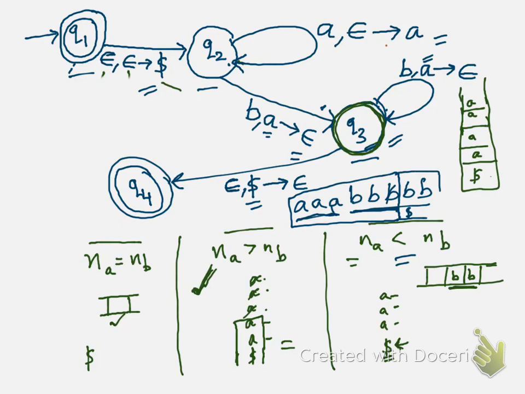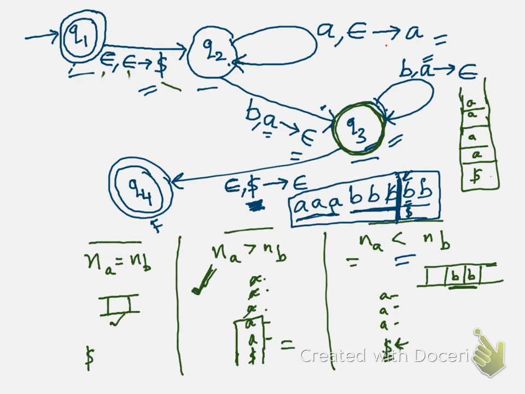Why? Because your input is still pending. You do not say that your computation is over until and unless all the symbols on the input tape are read. So what happens on this B now? On this B, I see a dollar in the stack, and I move to Q4. I am currently standing at a final state after reading this B. Now what happens for the next B?